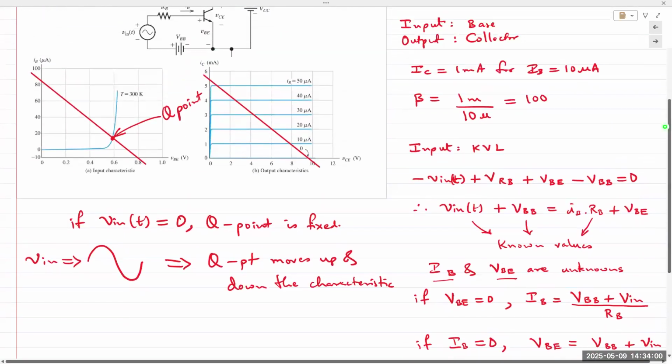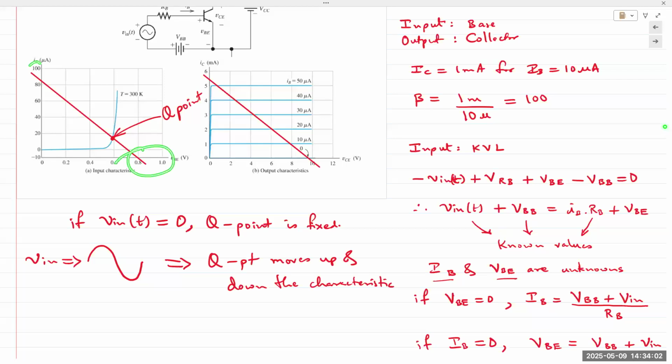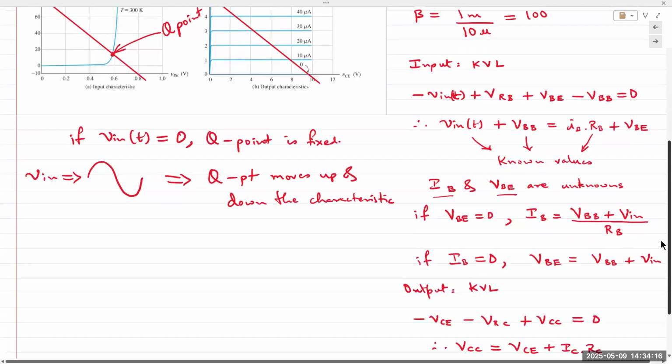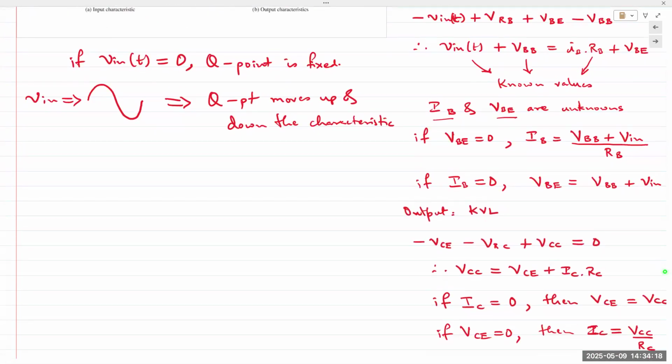Once we have those 2 values, it'll be somewhere over here and somewhere over here. We join them together. The intersection point is the Q point on the input side. Okay, again, load line analysis, standard approach, no difference.